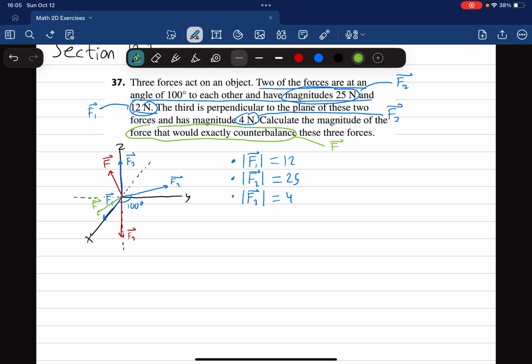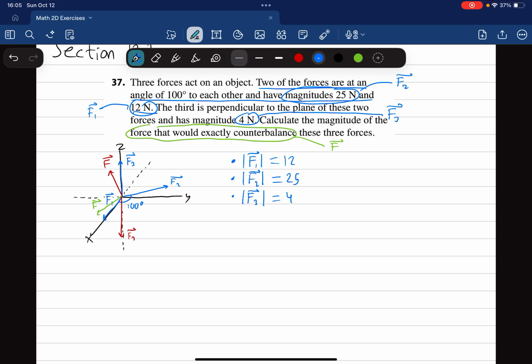So if the force F is to counterbalance the other forces, then what that means is that when you add up, or I guess I can rephrase it this way.